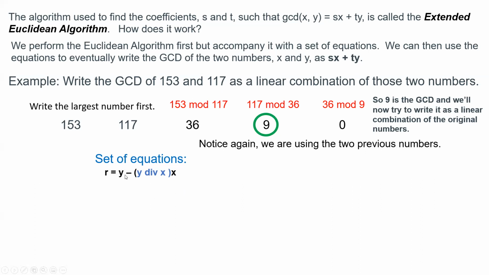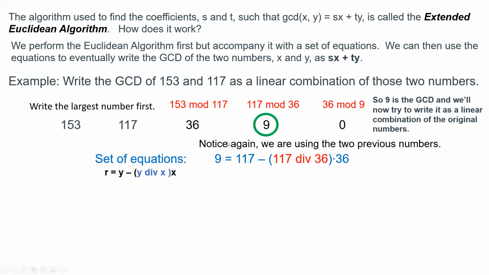R equals y minus y div x times x. So we'll start with the GCD here, the 9, and let's say that that was our R. When we first found this as R, the two previous numbers were the ones we worked with.